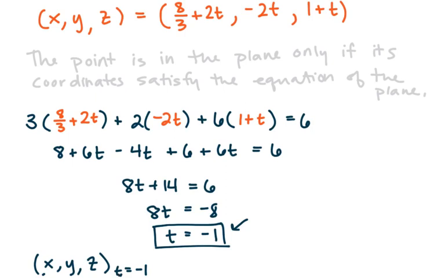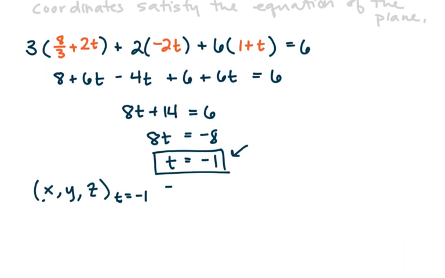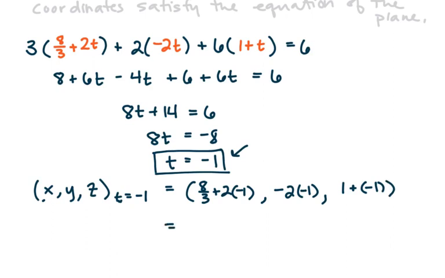And so what that looks like is 8/3 plus 2 times negative 1, comma, negative 2 times negative 1, comma, 1 plus negative 1. That simplifies and gives me an ordered pair of 2/3, positive 2, and 0.